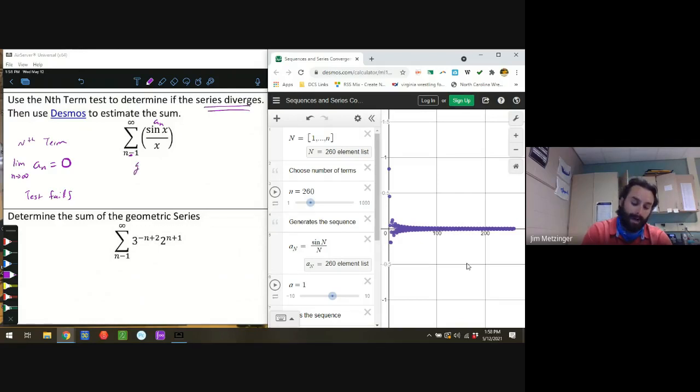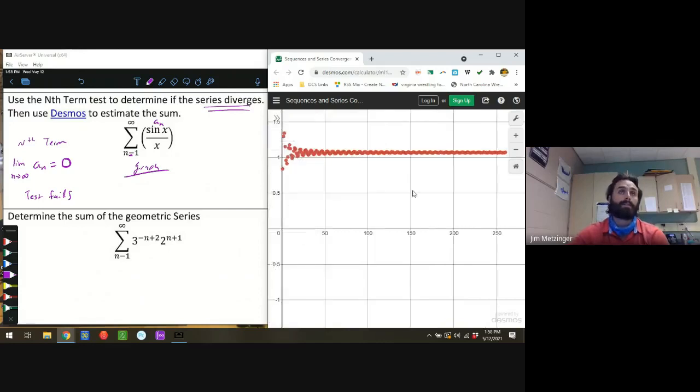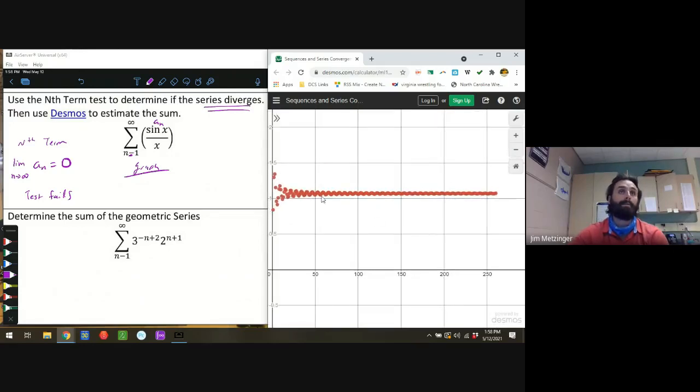So we need to look at the graph on Desmos because right now we've got no other tools. So I don't look at my series graph or my sequence graph. I turn on my sequence of partial sums and I look and see what's up there. All right, well, this one's bottoming out, flattening out.